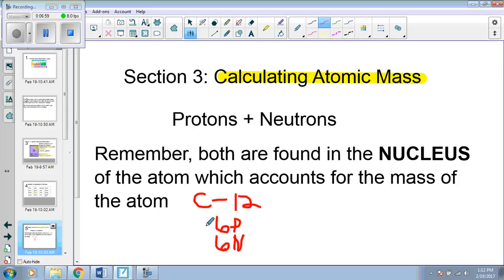If I take these two and add them together, that's how I get 12. And if you look at a periodic table, this is the atomic mass you're going to see associated with carbon. As I stated back in that last lesson, this is kind of the base.